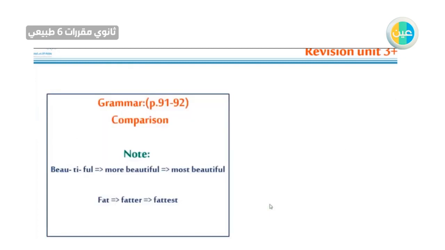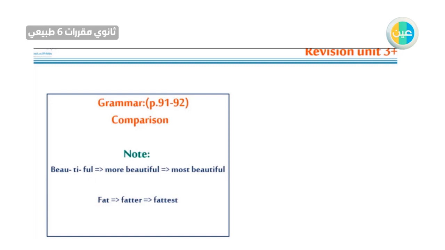I want you to notice something. Look at this adjective, beautiful. How many syllables do we have here? Three syllables. So if I want to compare two things, I have to add er.